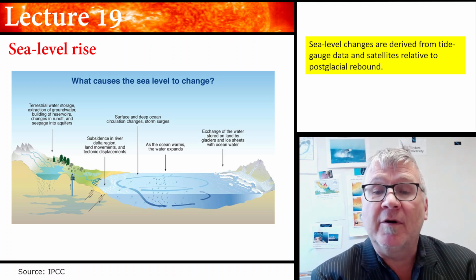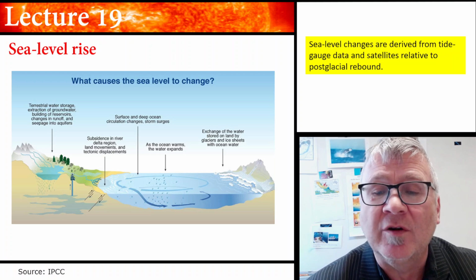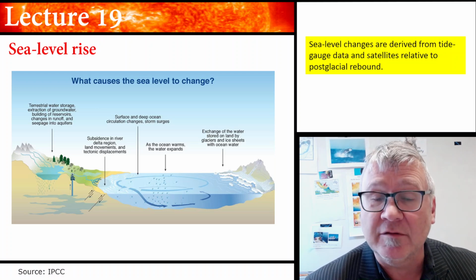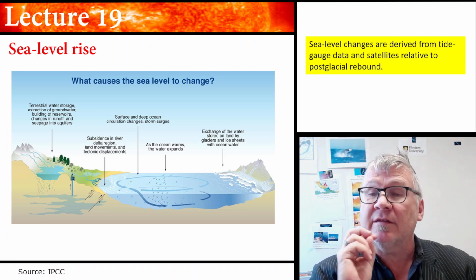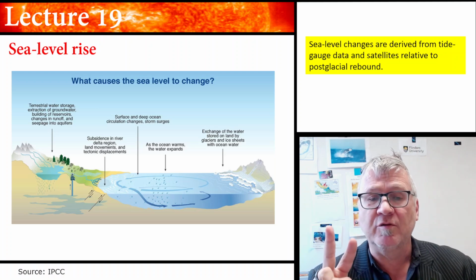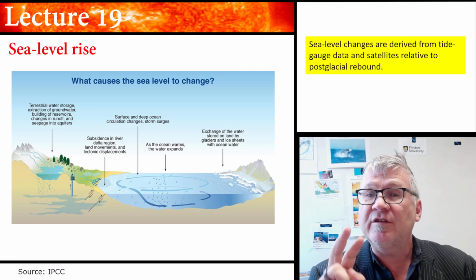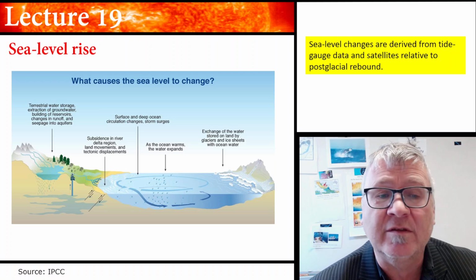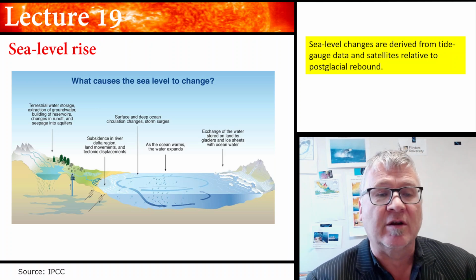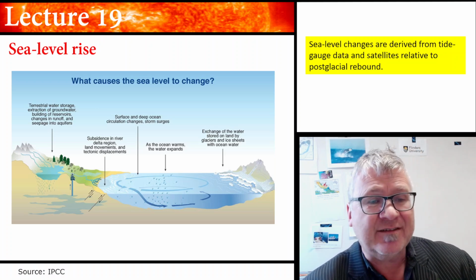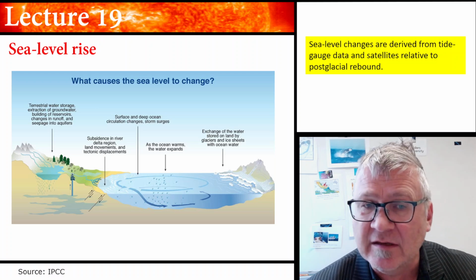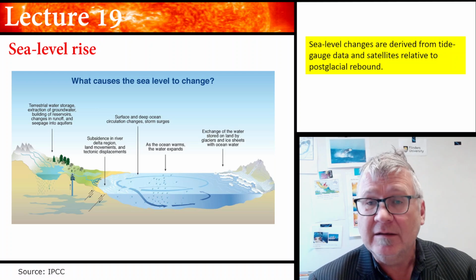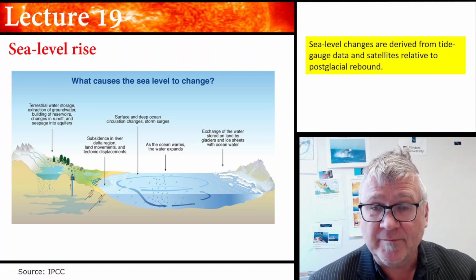So we're talking about the exchange of the water stored on land by glaciers and ice sheets and the melting of that. These are the two major contributions. There are other additional effects, which have to do with terrestrial water storage and groundwater exchange and changes of the hydrological cycle, but they are not that important.